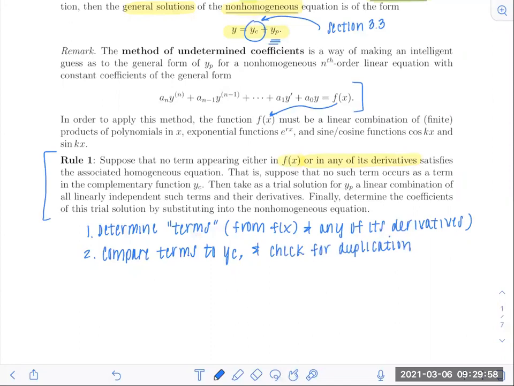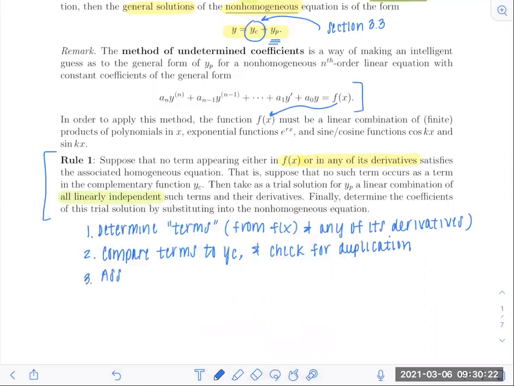If there is no duplication, if no such term occurs as a term in the complementary function, then we just want to take as an intelligent guess for our yp a linear combination of the linearly independent terms. We need these terms to be linearly independent. That is part of the rule.